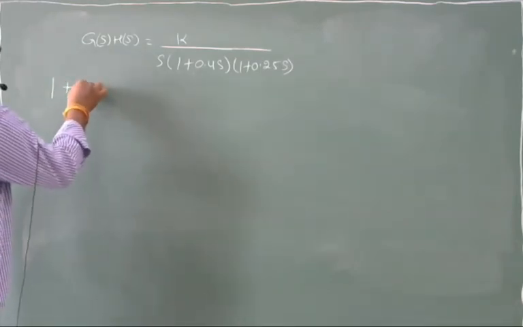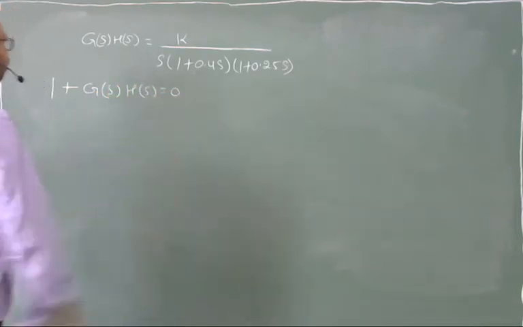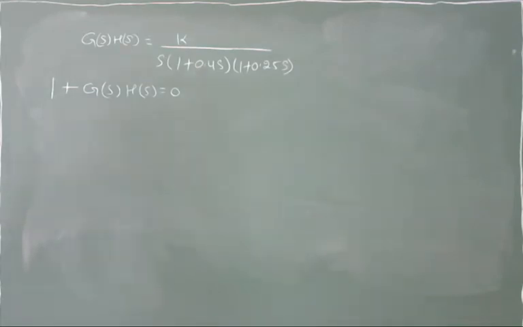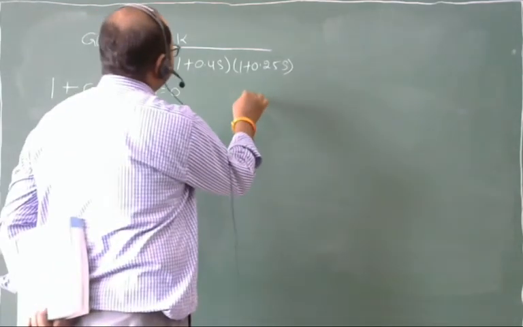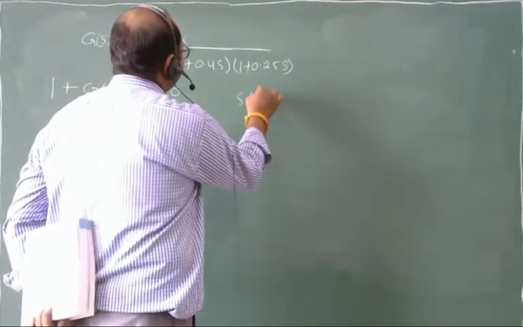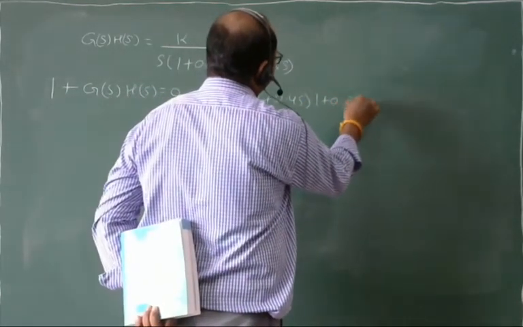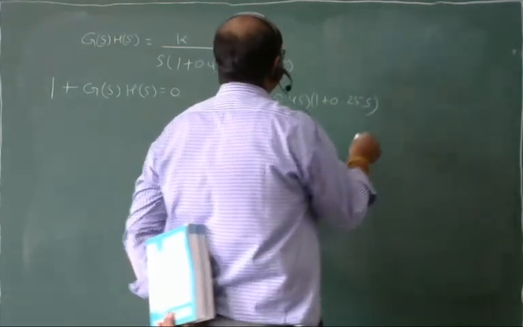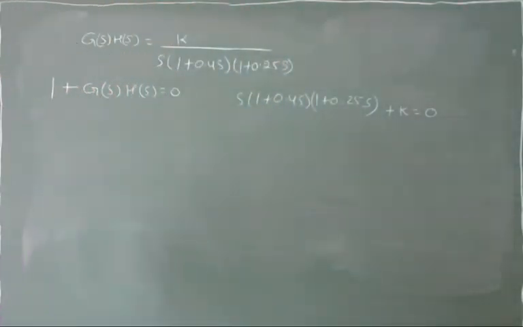find the characteristic equation. 1 plus G(s)H(s) is equal to 0. First find the characteristic equation, 1 plus G(s)H(s) is equal to 0. What will be the characteristic equation? s(1 plus 0.4s)(1 plus 0.25s) plus K is equal to 0.